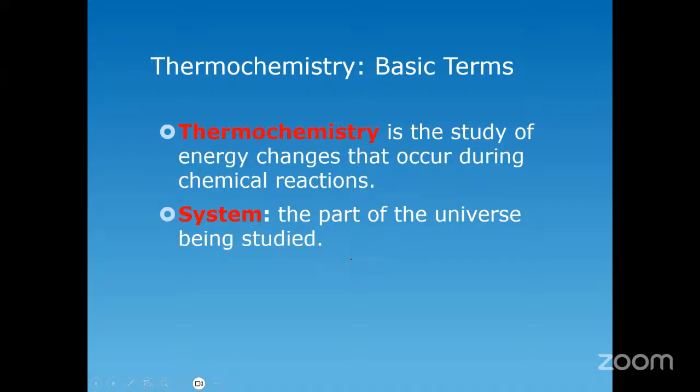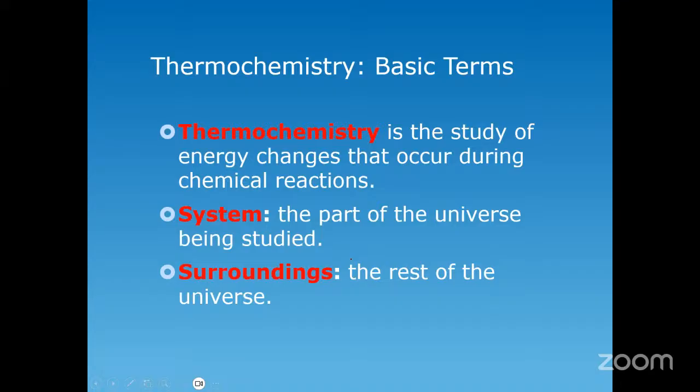That could be anything from a test tube to a beaker to a big vat, whatever we're interested in and whatever we're studying, that would be considered to be the system. And then the surroundings would be, in that context, the rest of the universe, right? So basically, the system plus surroundings would be the universe.